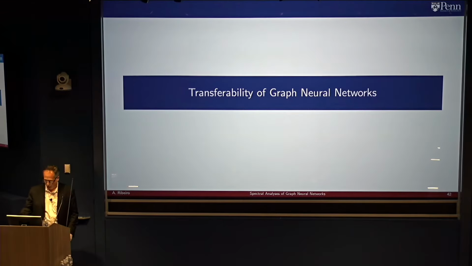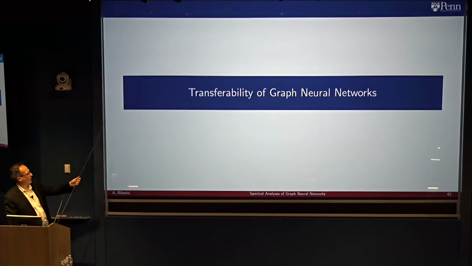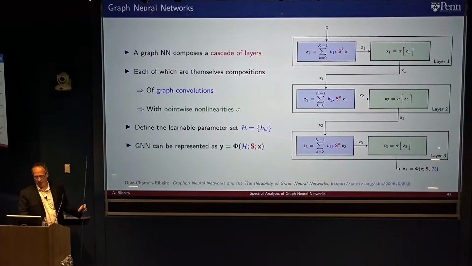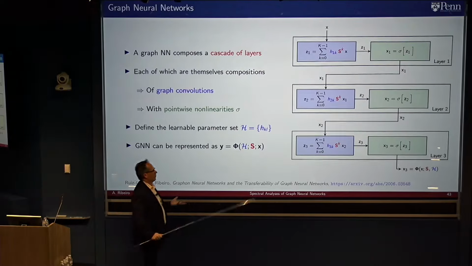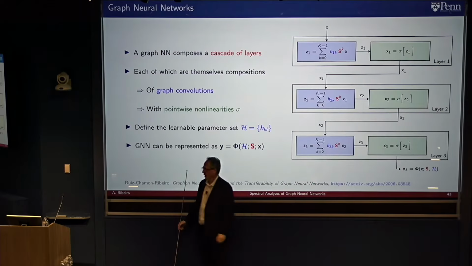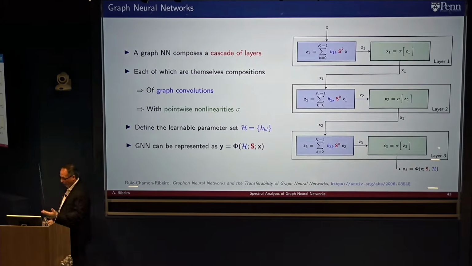Now, I promised a talk on neural networks, and I've been talking about filters for 30 minutes. I think I owe you a little bit of chat about graph neural networks. The reason why I have not been talking much about graph neural networks is because graph neural networks are compositions of filters with point-wise nonlinearities, right? The point-wise nonlinearities are point-wise.